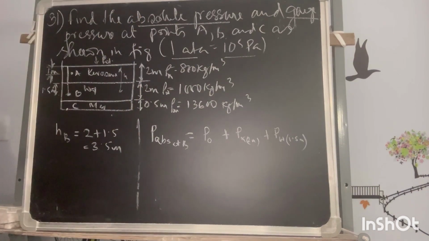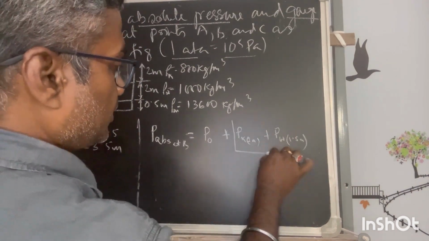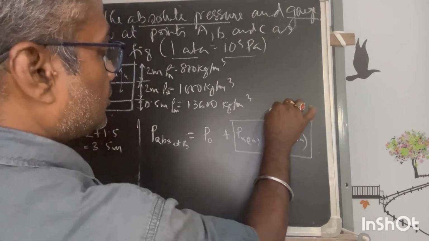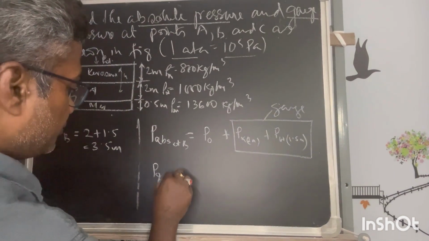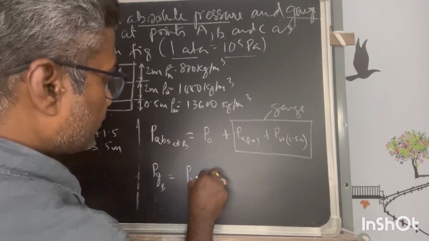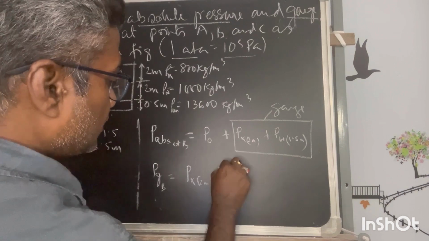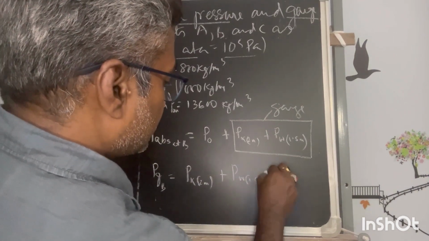So this will be the case. Here, what is your gauge pressure? The gauge pressure for B will be the P for kerosene of 2 meter column plus P for water, which is a 1.5 meter of column.